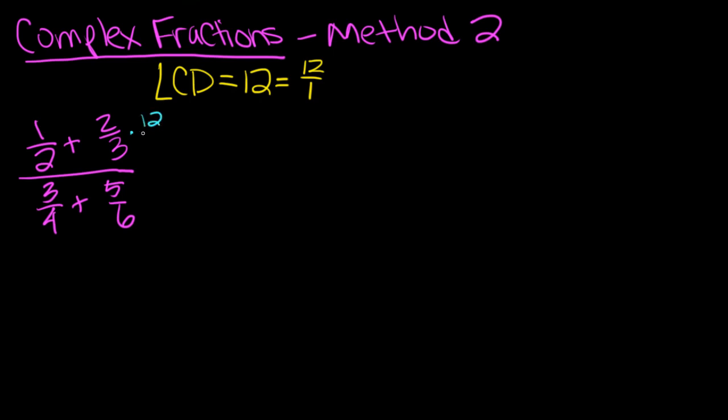So multiply by 12 over 1, multiply by 12 over 1, multiply by 12 over 1, and multiply by 12 over 1. Now the next step is to simplify, cross-cancel, cancel everything that can cancel. So over here I see that 2 goes into 12 6 times, 3 goes into 12 4 times, 4 goes into 12 3 times, and 6 goes into 12 twice.